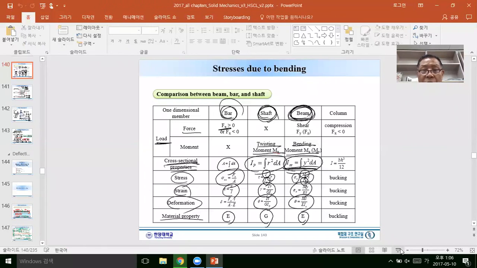This table summarizes the analogy between bar, shaft, and beam. I think this analogy is very useful for you to understand not only bar and shaft, but also the beam theory as well. I will go through this one, and then I will go back to deformation assumptions and so on.